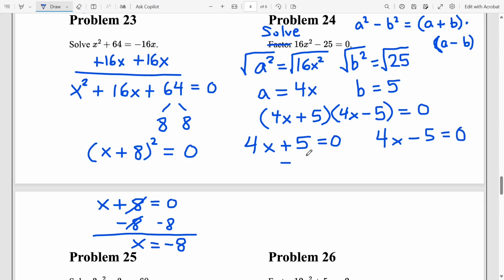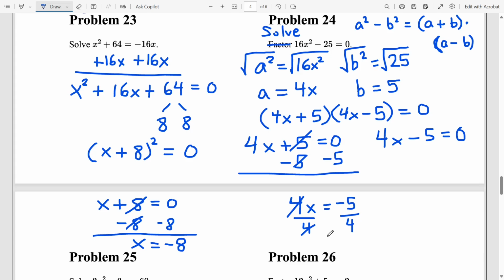So I'm going to subtract 5 from both sides here. 5 minus 5 is 0. And we get 4x equals negative 5. I'll then divide each side by 4, because I want to get just x. So x equals negative 5/4 is one of the solutions. And then if we add 5 here, 5 minus 5 is 0.